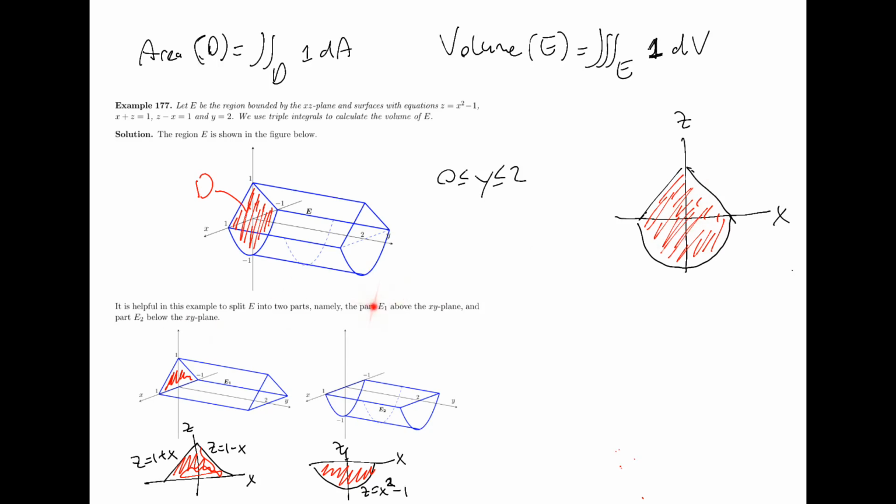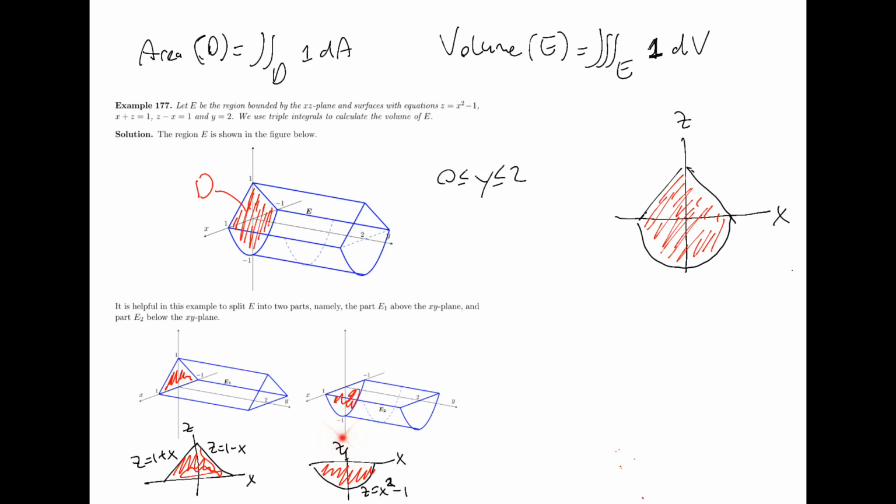So let's take the part above the xy plane and the part below the xy plane. I've also drawn the corresponding region D for this part, and you can see this can be done quite nicely as a type 2 region in the zx plane, and this can be done easily as a type 1.